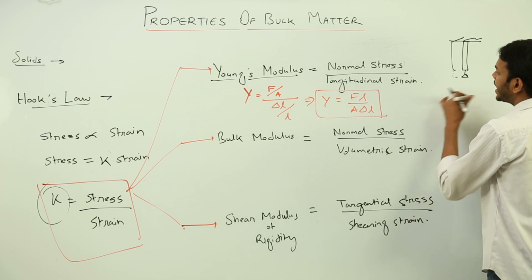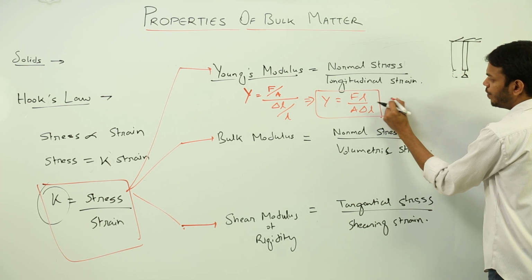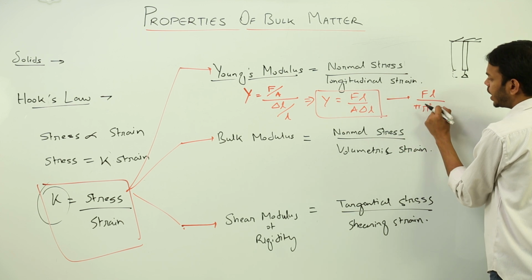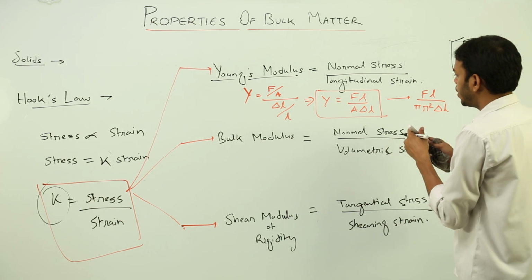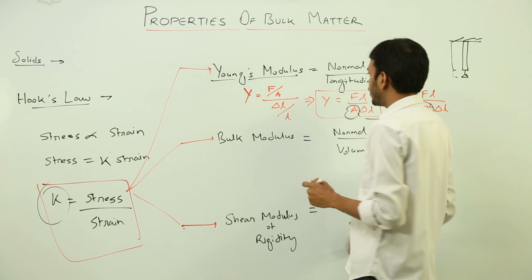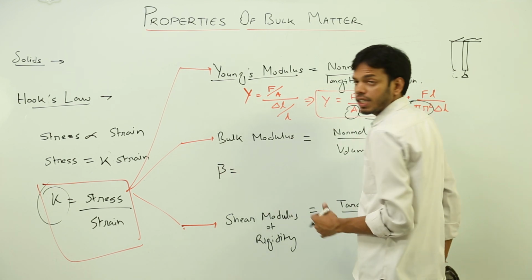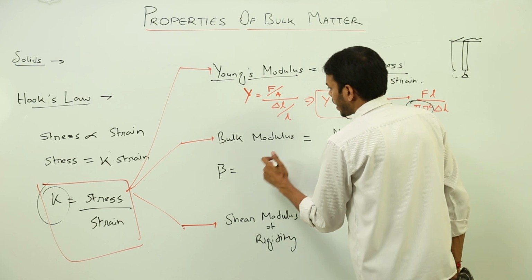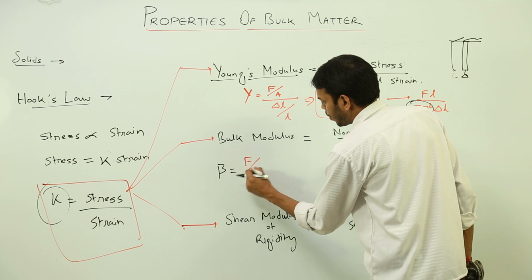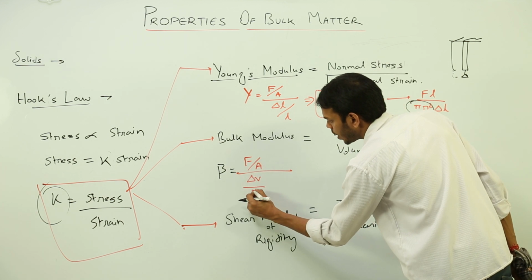Sometimes you might find that if they have given the radius or diameter of the wire, this same formula can be written as FL over, what is A, pi r square delta L. You just put in the value of A as pi r square. Then second, what is bulk modulus? Bulk modulus is represented by beta, or in some books you write it by B. Bulk modulus is normal stress, which is F upon A, over volumetric strain, which is change in volume upon original volume.